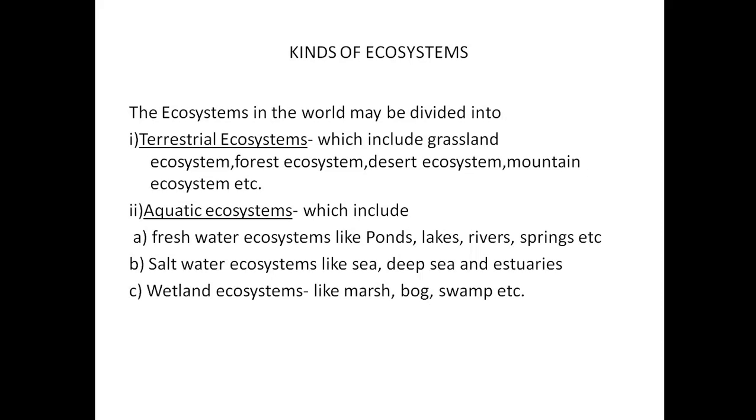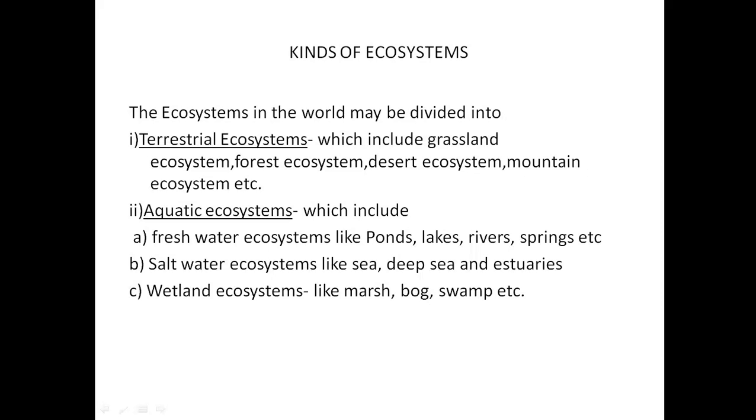And when you take the aquatic part or the water part of the ecosystem, the aquatic ecosystems can be divided into freshwater ecosystems, where there will be fresh water in the ponds. So it's going to be pond ecosystem, lakes, rivers, and springs. All of these will be having fresh water. So these come under the freshwater ecosystems.